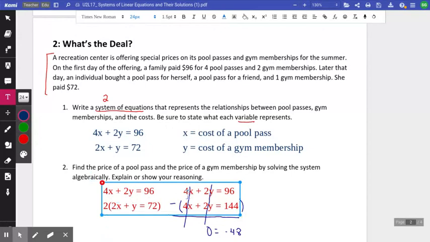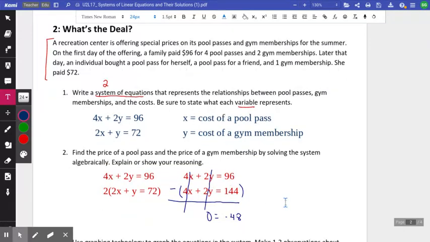In this step here, I'm making the structure on that left side the same, but I'm noticing that there's no way that 4x plus 2y equals 96 in one scenario and 144 in another. There's no value for x and y that could make it simultaneously equal 96 and equal 144.